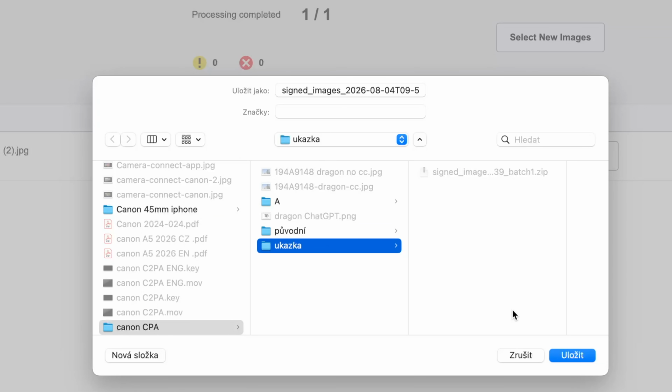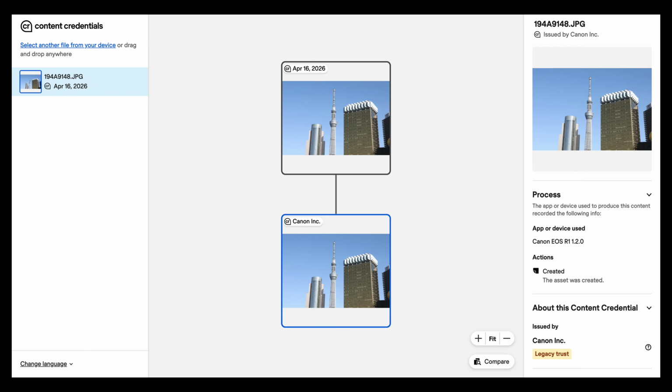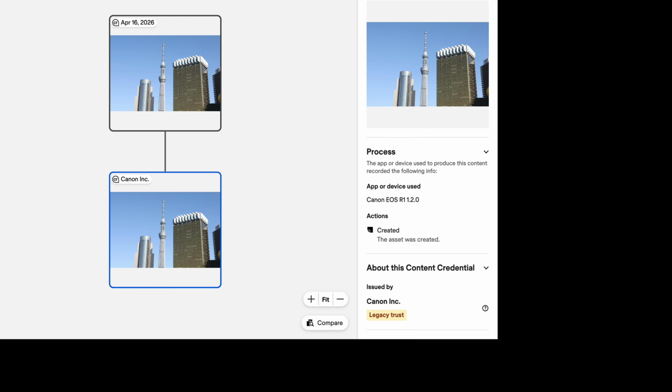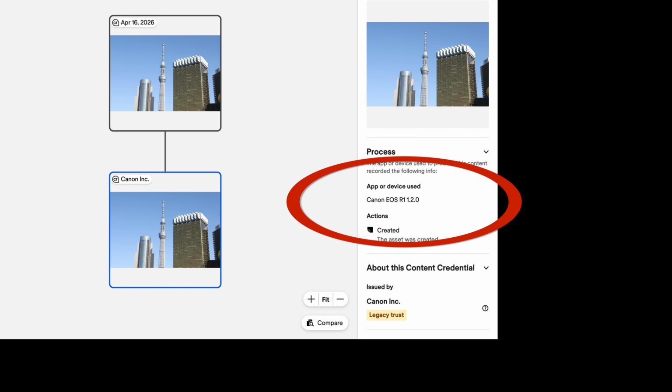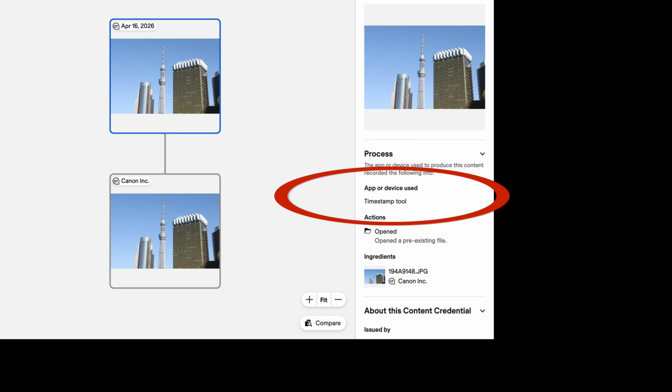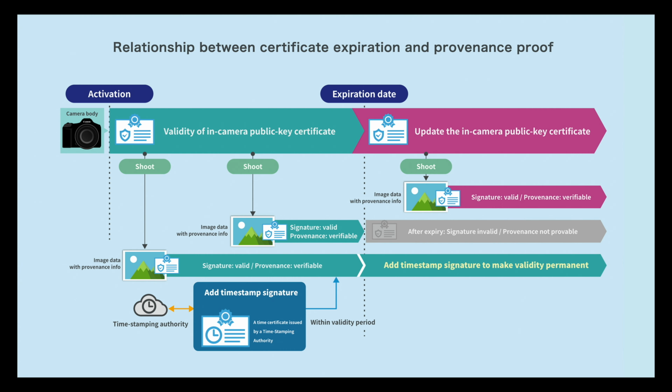And at the same moment, I'm able to download the timestamped image. This is the first step, and we have two layers. The first layer is that it was created by Canon. The second layer, it was time-stamped at a later stage. I'm sure you are now asking, why do we need two layers? I was confused as well, but that scheme explains it a bit.